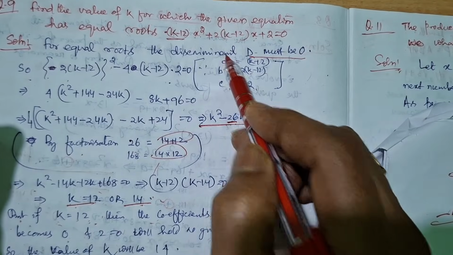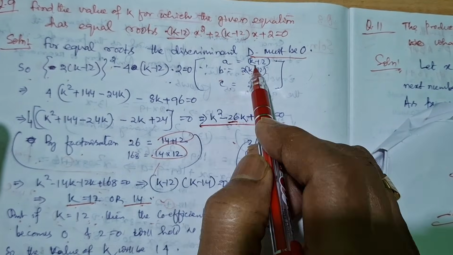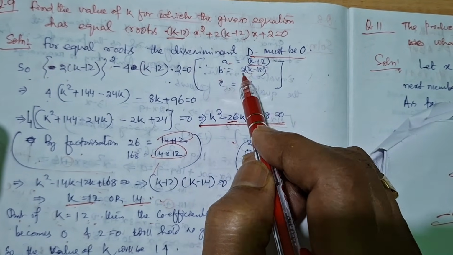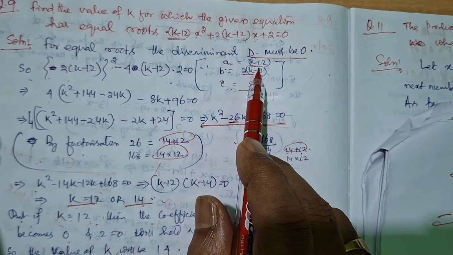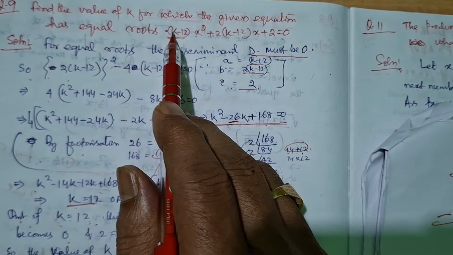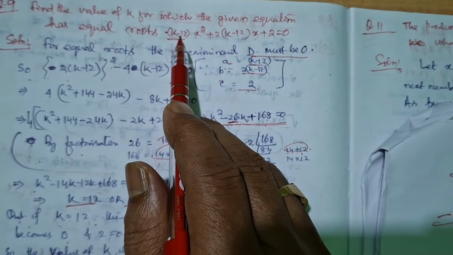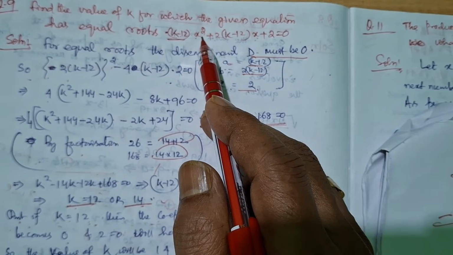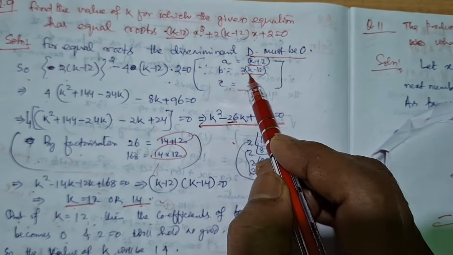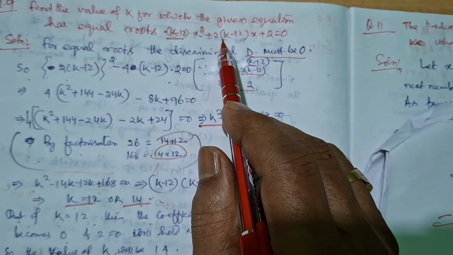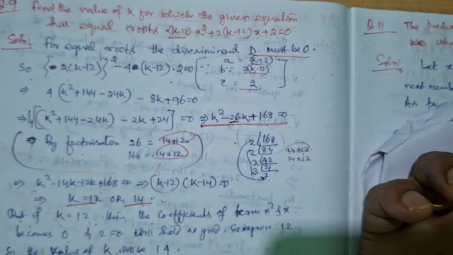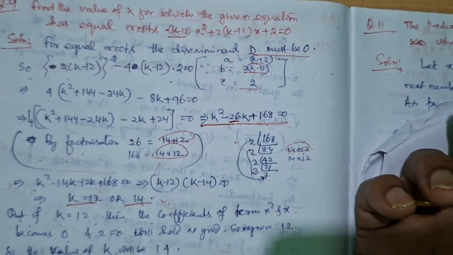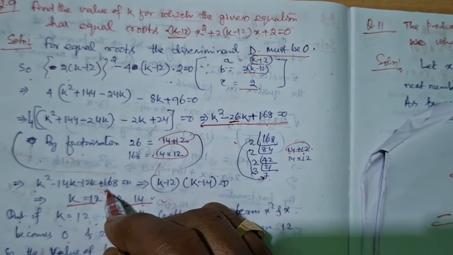You see that a, b, c are like this, and if k is equal to 12, what will happen? A becomes 0. So if it is 0, no x square term is there, and no x term is there either. So 2 is equal to 0. What does it mean? Nothing. Okay, it is not possible.